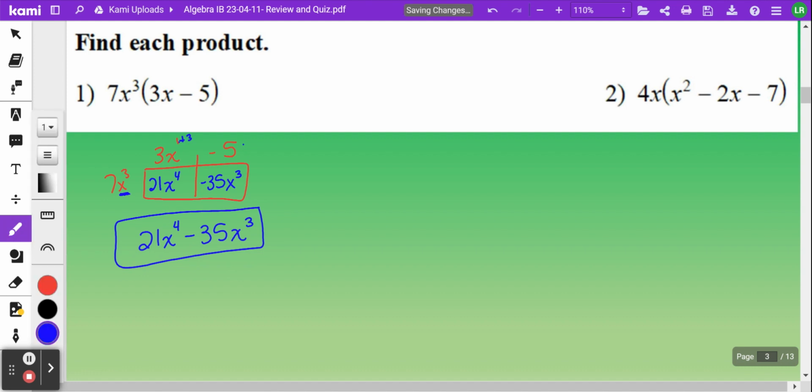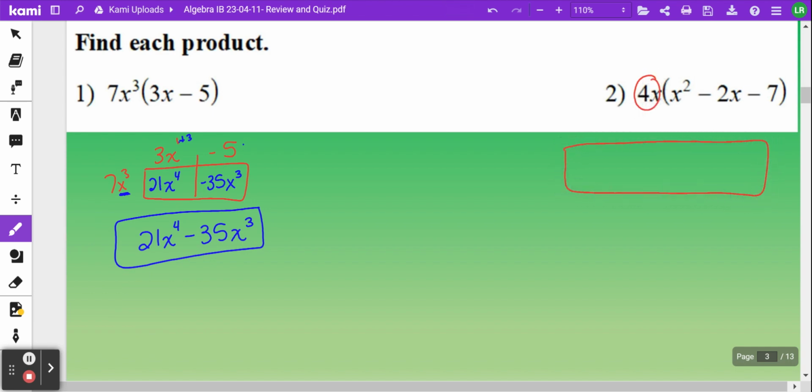Okay, the second one. We're multiplying into a trinomial this time, so I need just a little bit wider. I need a 3 box, 1 by 3. So 4x to the 1st. That's multiplied to 1x squared, negative 2x to the 1st, and negative 7. Now in this one, I'm multiplying with an x to the first. So you want to make sure you're thinking about these things. My exponents are going up by 1.